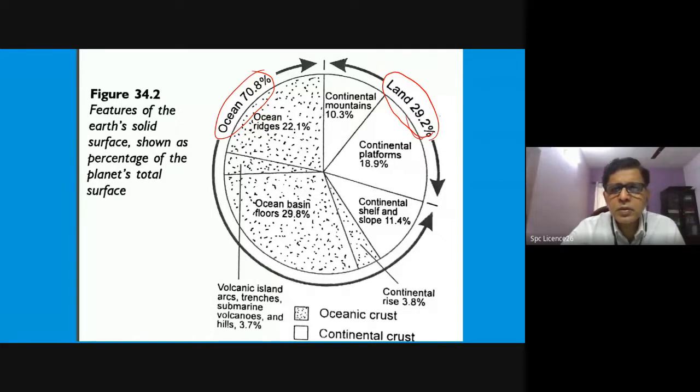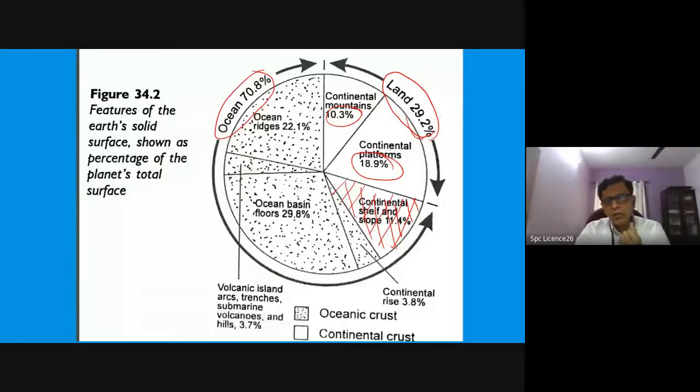When we speak about land particularly, you'll see that nearly 10% of it is continental mountains, and around 19% is continental platforms. What is interesting is this part. As I said, the amount available as land or as ocean will be dependent on the sea level. This part is going to be affected when we experience a rise or a fall in the sea level as a response to climate change.